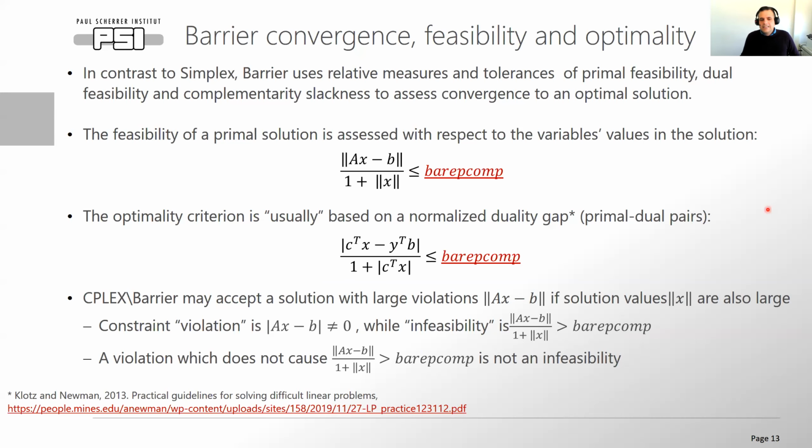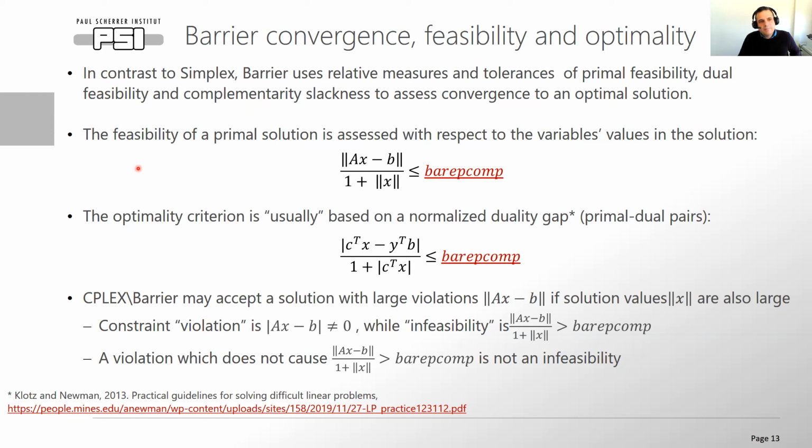And this is the last insight about the barrier, and then I go to the options. It's important to understand that in contrast to simplex, the barrier uses relative measures and tolerances for primal feasibility, dual feasibility, and also complementarity slackness to assess the convergence to an optimal solution.